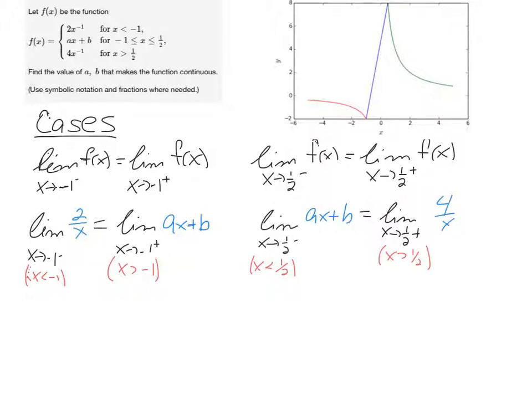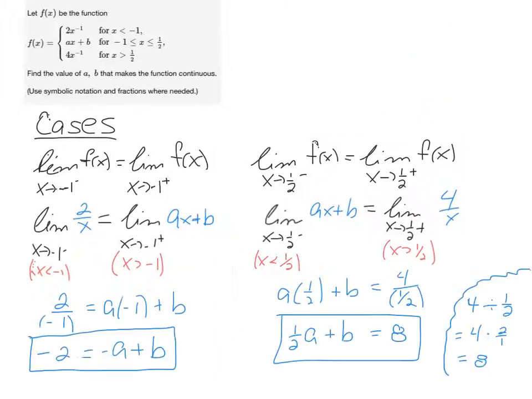Okay, so now I have to solve 2 equations in 2 unknowns. So here are the 2 cases I have to consider. What I do now is I take x approaching -1 from the left.